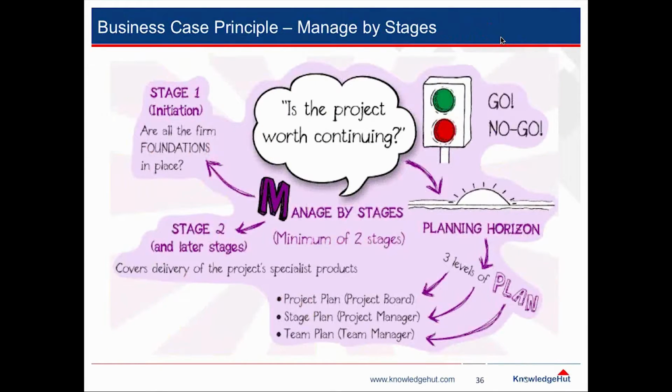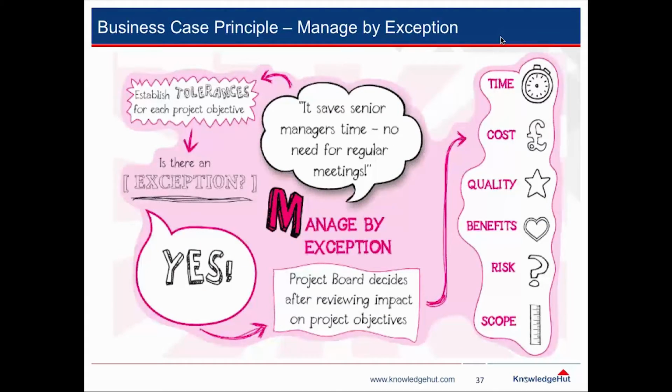Make sure that your plan ties in with a realistic project management approach that is managed based on stages around the initiation and the planning. And then you want to make sure that there is an element of managing by exception.